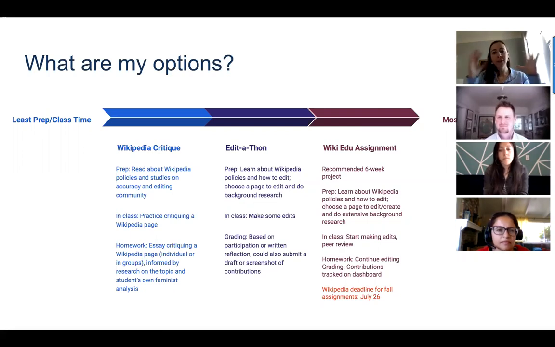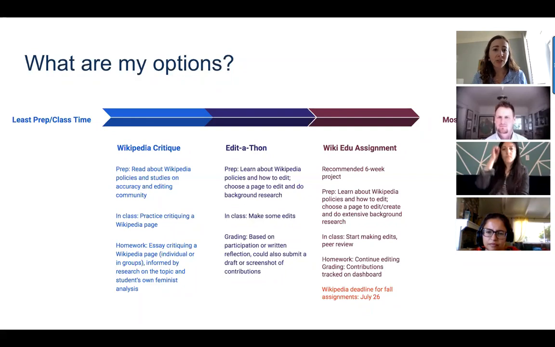For the full-fledged Wikipedia in education assignment, they recommend making it at least a 6-week assignment. You need to have your students learn about Wikipedia's policies and the mechanics of how to edit Wikipedia. They need to choose a page to edit or create and do pretty extensive background research.